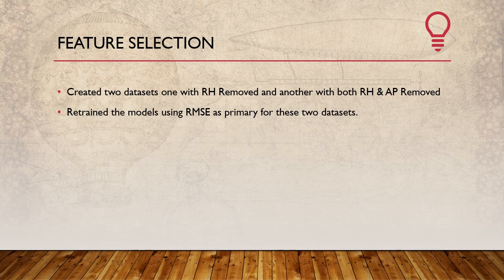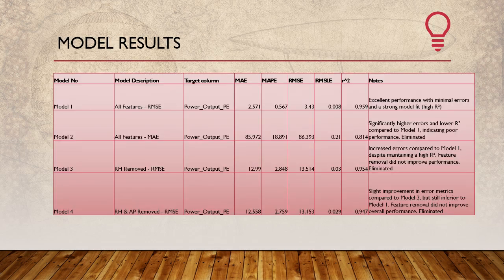Now that I have two things that I can remove, I've created two data sets: one that removes RH, and one that removes both RH and AP. And I retrained the models using RMSE for these two data sets. When I ran them, my results were pretty similar. So this is model 3 that I was just referring to. Here, if you see again, the errors are spiking and R2 is pretty close.